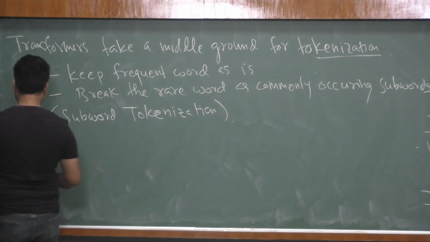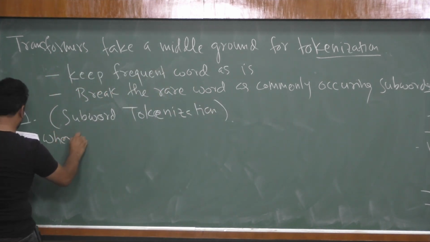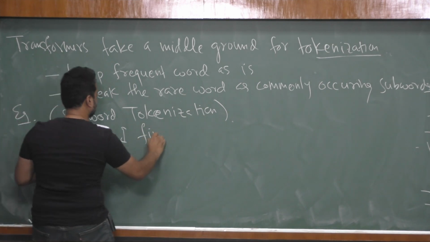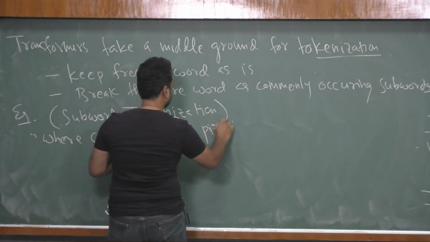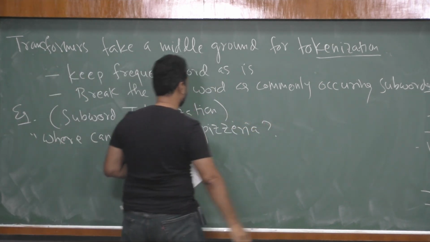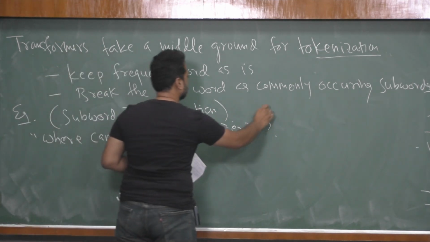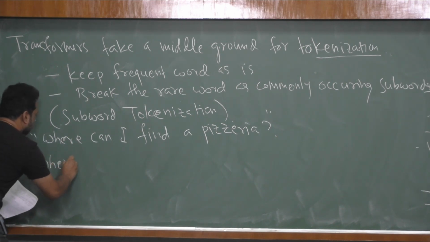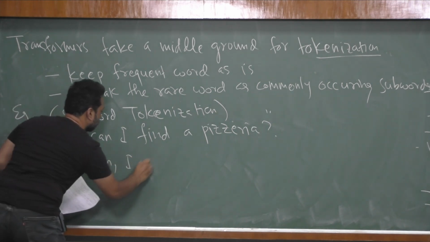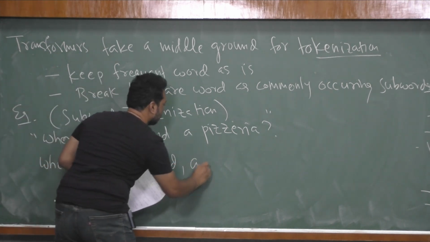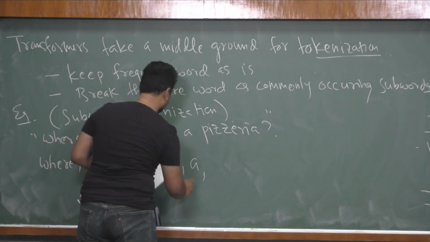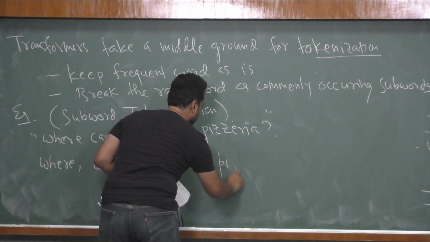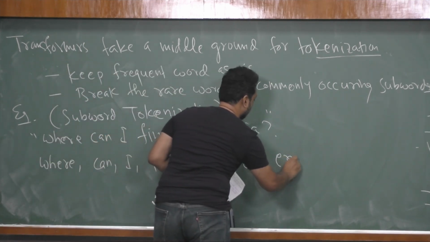So if you look at subword tokenization, let us say the sentence we started with: where can I find a pizzeria? The commonly occurring words here are where can I find a, but pizzeria may not be common, so we break this into subwords, let us say pi ZZ ERIA.